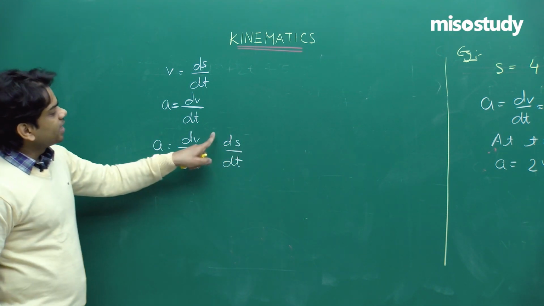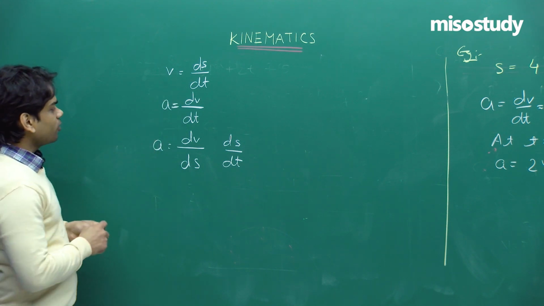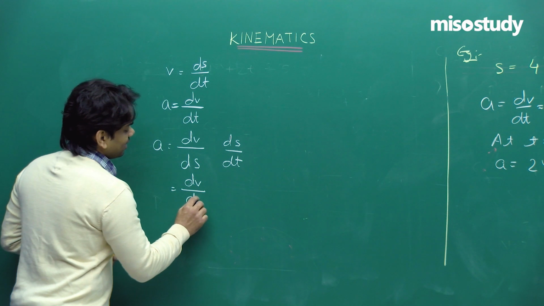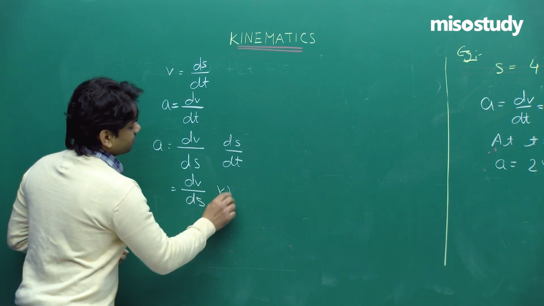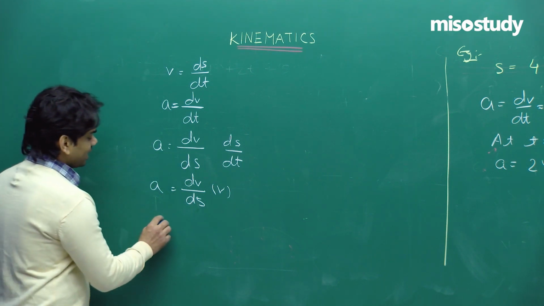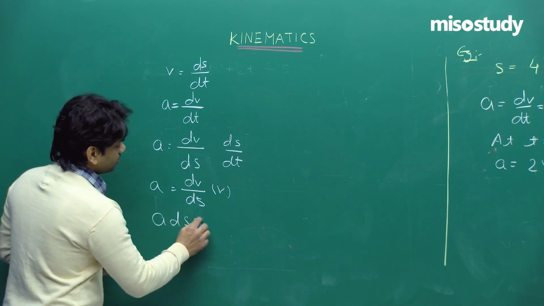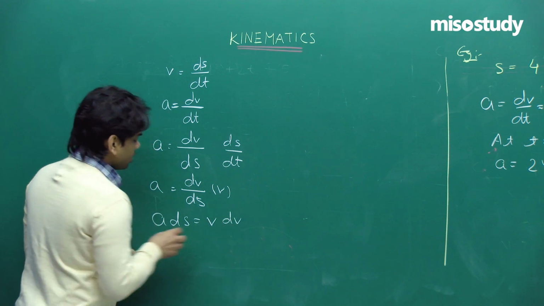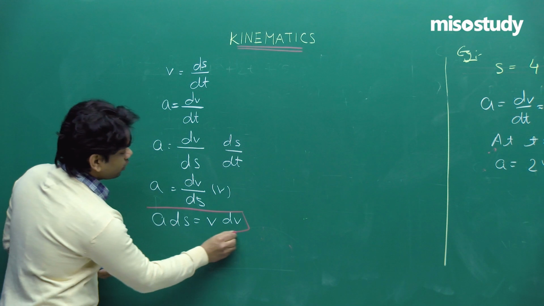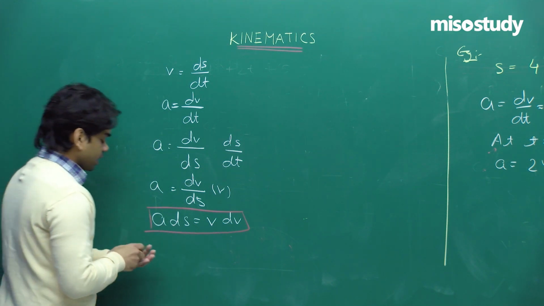Now see, ds by dt is v, so keep this as dv by ds and this as v. Here we got a. Now take ds to the left hand side, you will get a ds is equal to v dv. This is one equation which will be very helpful for relating acceleration, displacement and velocity.